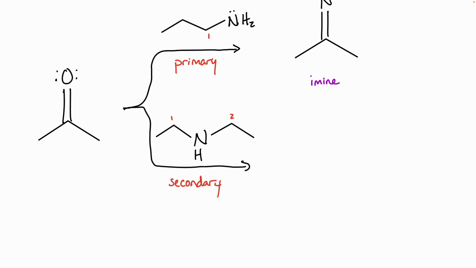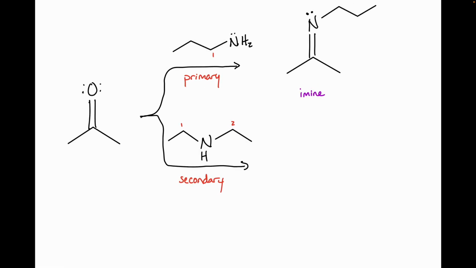I can't make a carbon-nitrogen double bond because I only have one hydrogen. So I'm going to have just a carbon-nitrogen single bond. But wait, there's more. It turns out that we still lose an additional hydrogen here, but it's from the neighboring carbon, forming what's called an enamine.